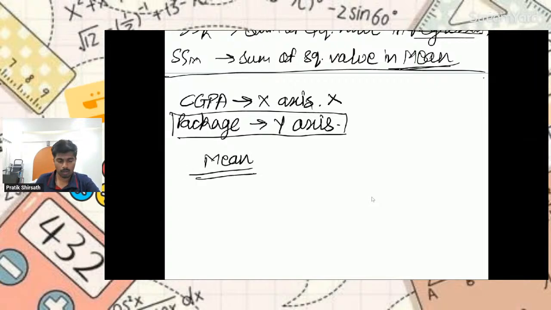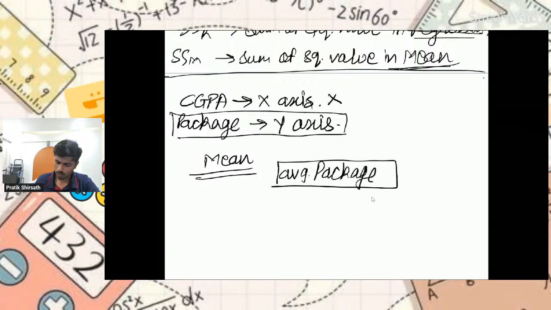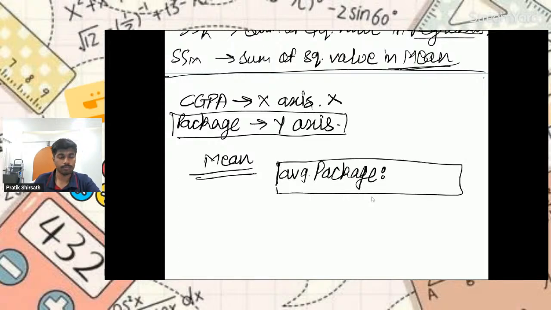What will I do on mean basis? People get an average package. You have also seen the average package nowadays. The colleges say our package is this much, that much, but it doesn't actually happen. Never mind. So what is my average package? For example, let's say 3.5 lakh. Very okay package, but so the average package is this.